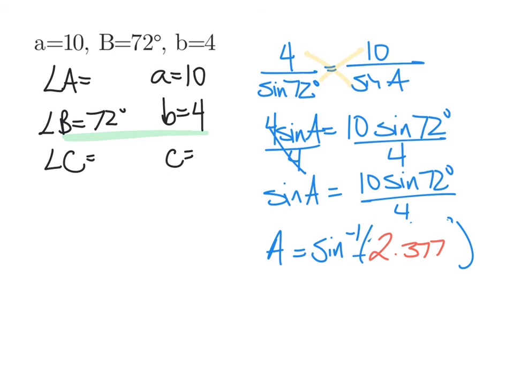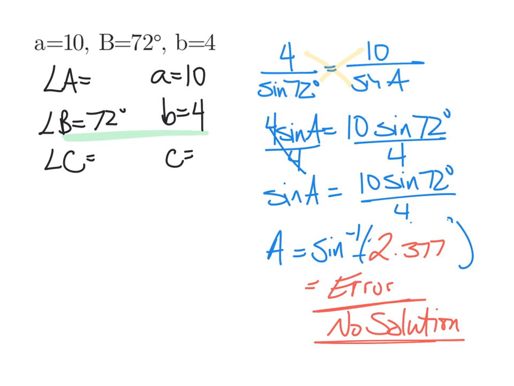In other words, you're trying to find an angle whose sine is bigger than 2, but sine only has a value between -1 and +1, and that's why you're going to get a big error. When you get that error, then you can say no solution. All right? But it won't be until you get the error that you recognize that something is wrong.